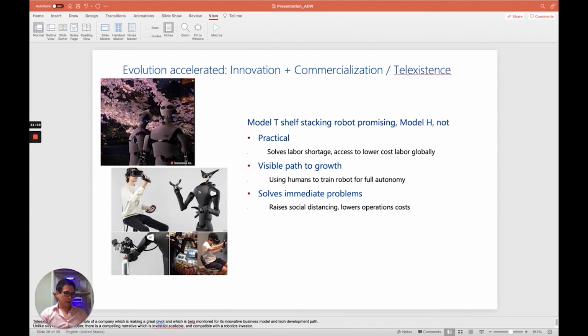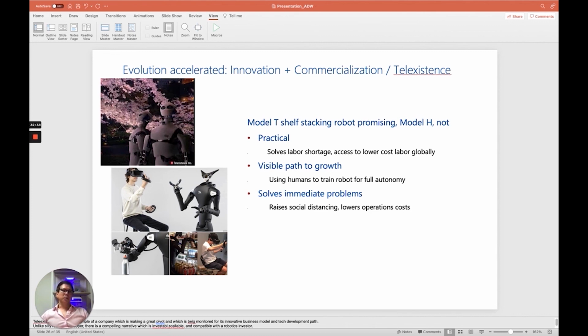With this robot, businesses in Japan, particularly convenience stores, are addressing the labor shortages and rising labor costs by using these robots to have lower cost labor from other countries work to stack shelves at their stores in Japan, while at the same time training these robots so that they will eventually be autonomous.